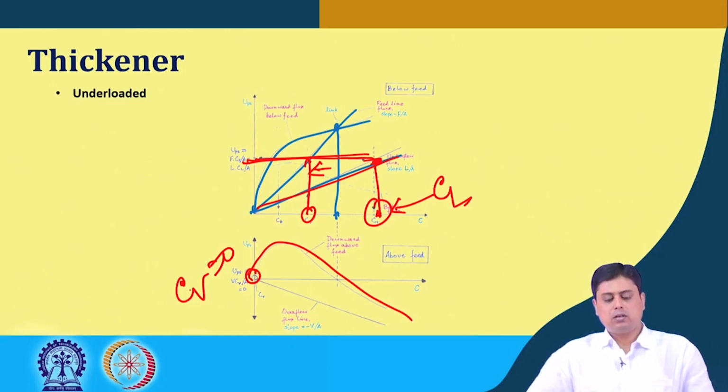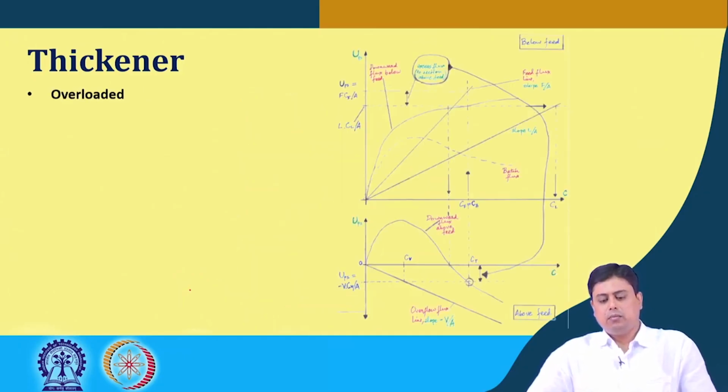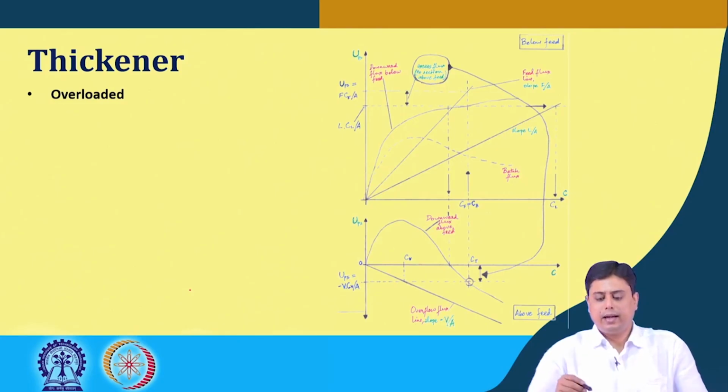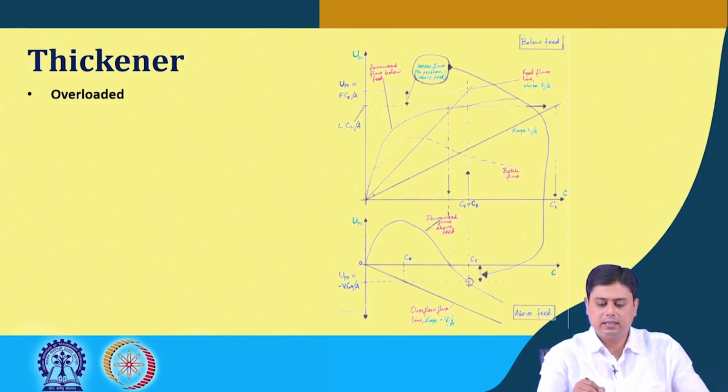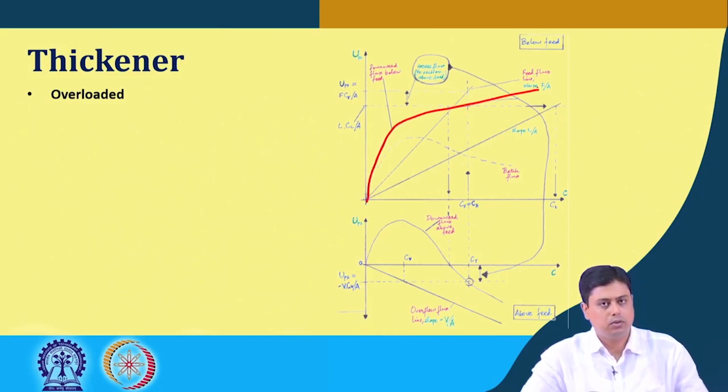So, what happens in the overloaded condition? Again, if we draw those curves, this is the downward flask below the feed, the total flask.